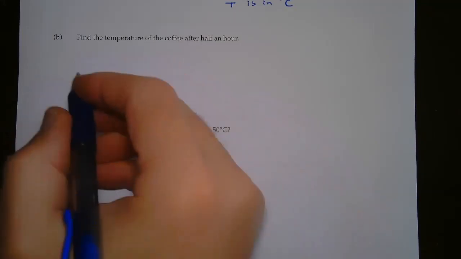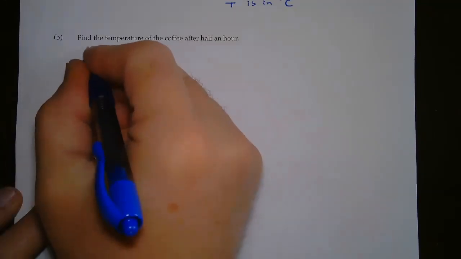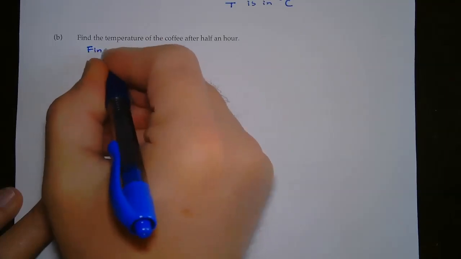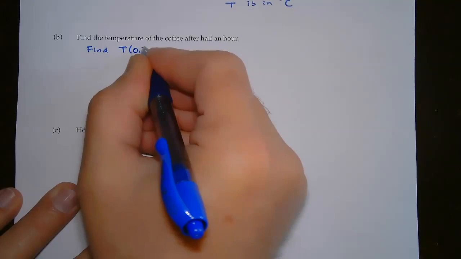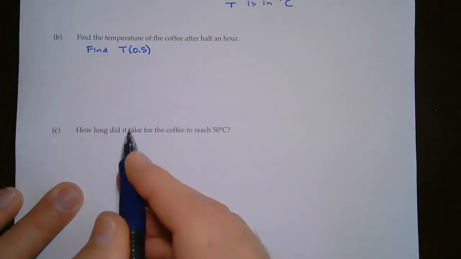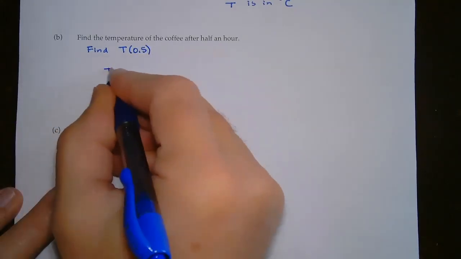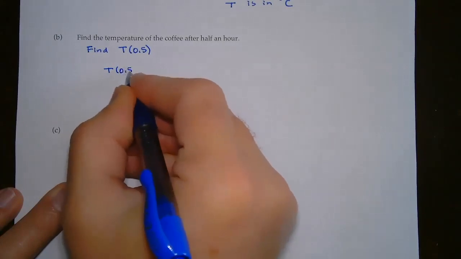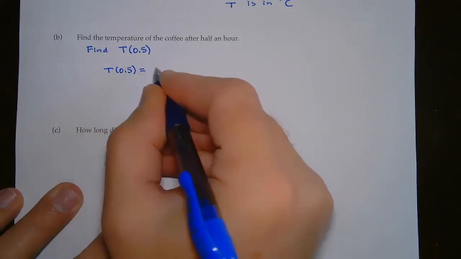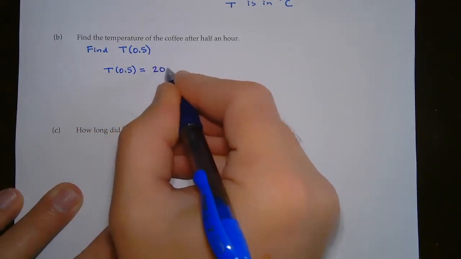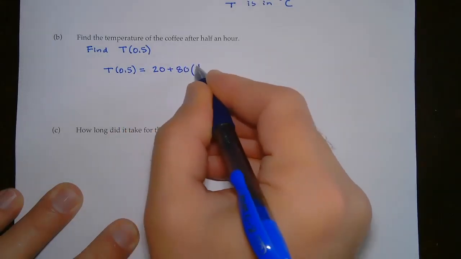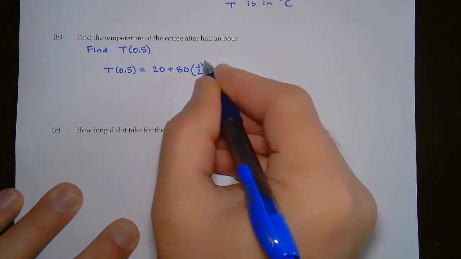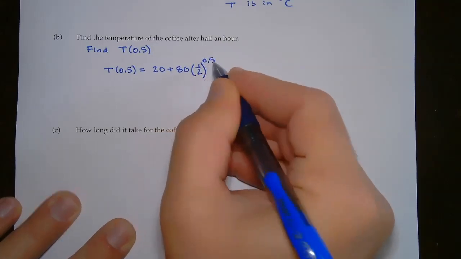Basically this question is asking you to find T of 0.5. T of 0.5 would be equal to 20 plus 80 times 1/2 raised to the 0.5 power.